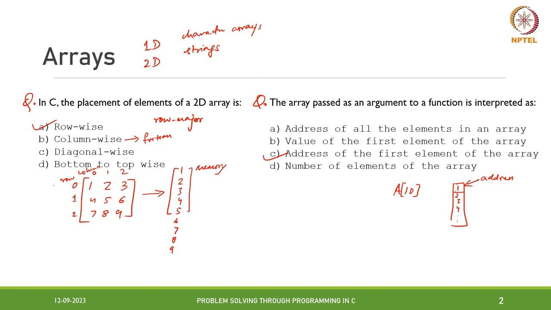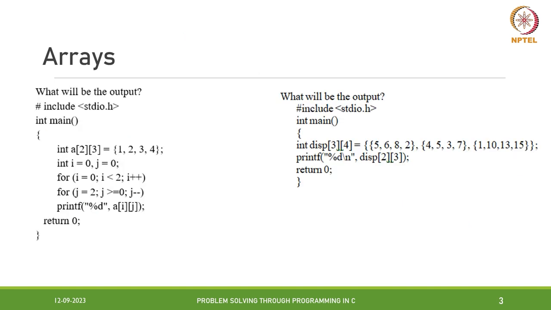All right, so let's look at a few simple questions. So we have defined here a 2D array. As you can see, we have defined a 2D array of 2 rows and 3 columns. So we write the row size first, and then we write the column size.